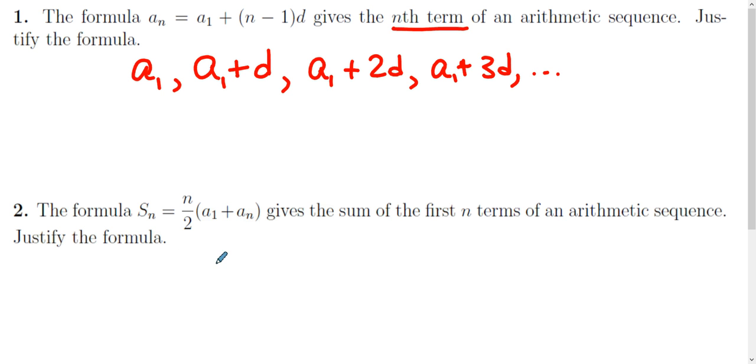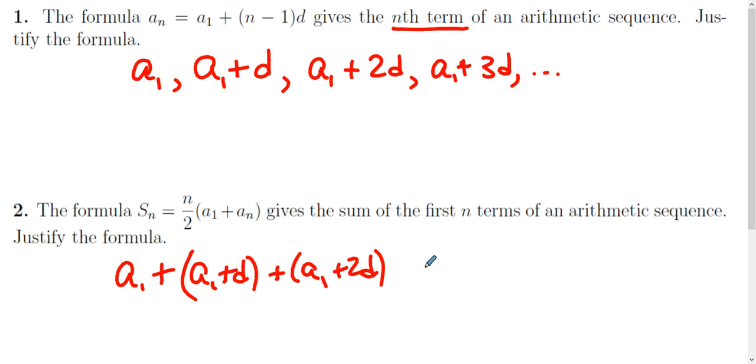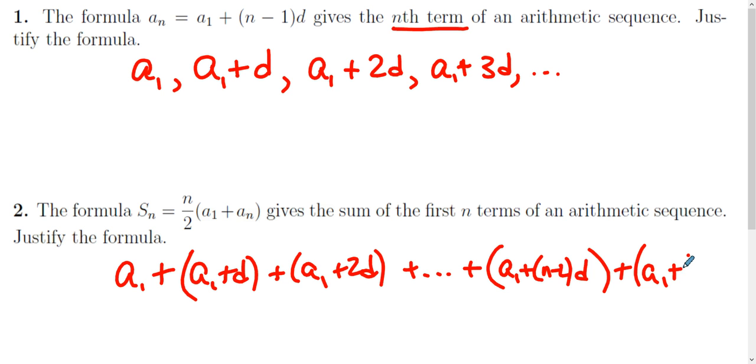So then you have to imagine that you're adding a bunch of these, so that the second to last one has an n minus 2 d and the last one has an n minus 1 d.